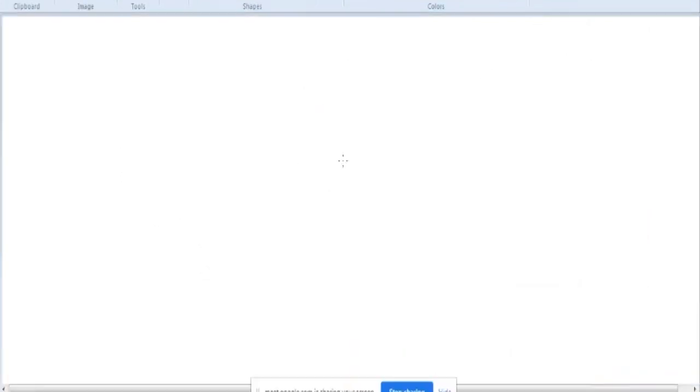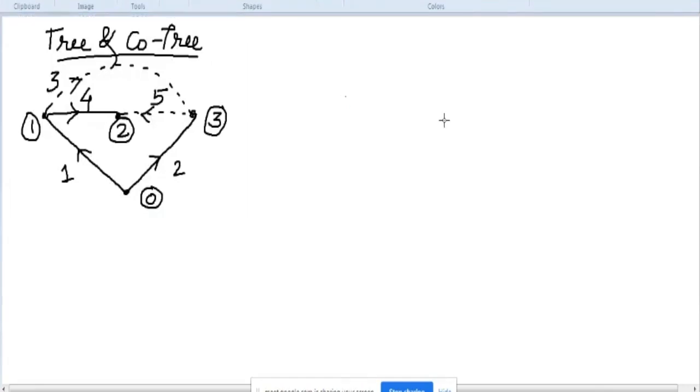So we are going to draw the graph here. This is the tree and co-tree which we will be using. And now here we are going to write our basic cut set incidence matrix.